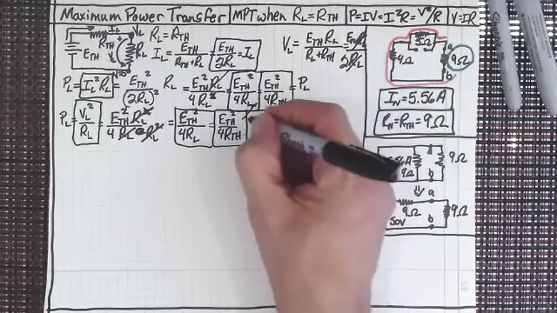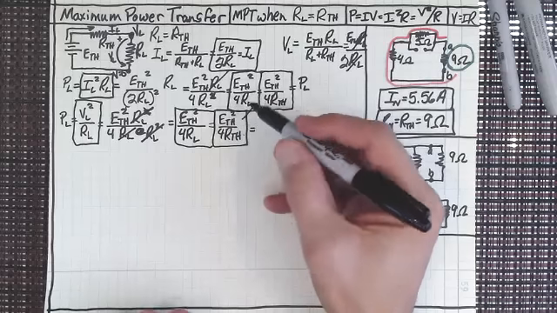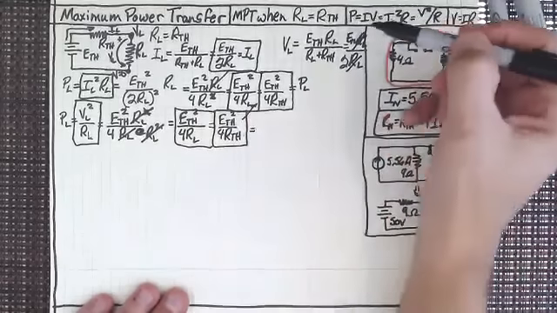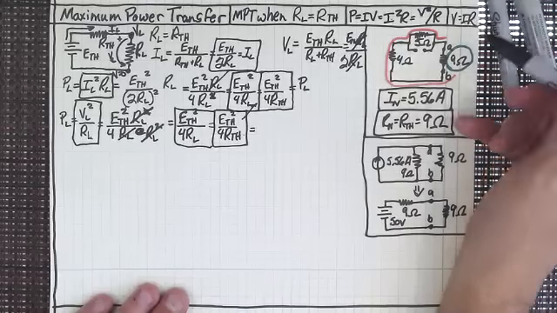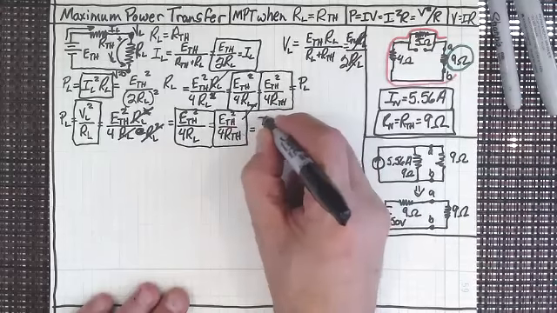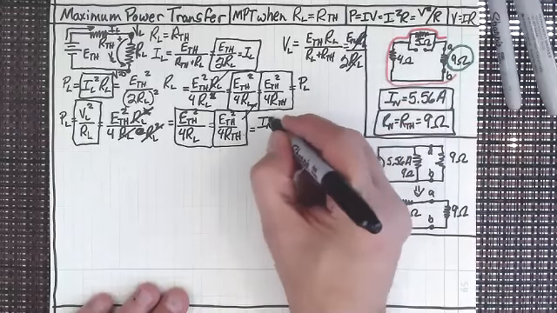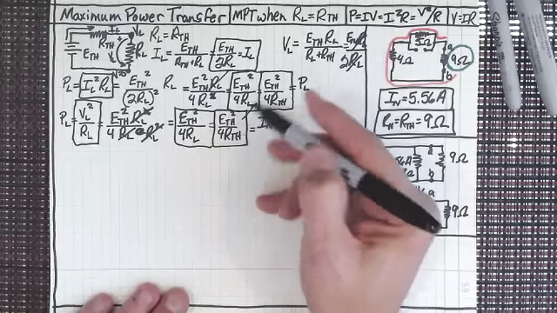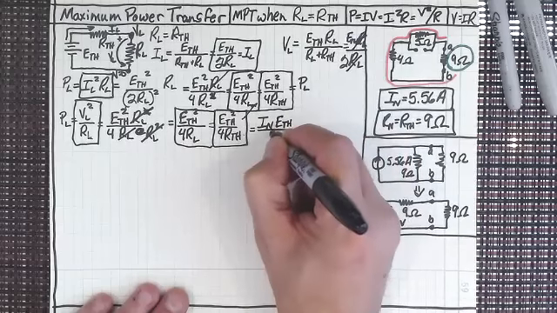I could rewrite this, couldn't I? V equals IR, or I equals V over R, right? So I could say that this is really Norton's current, because that would be E sub TH over R times Thevenin's voltage divided by 4.